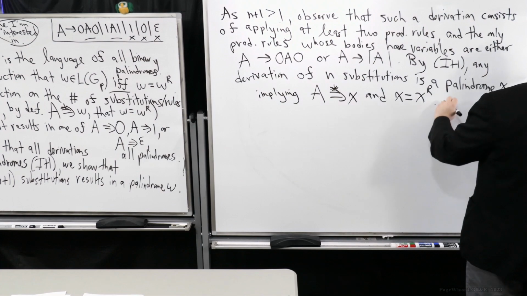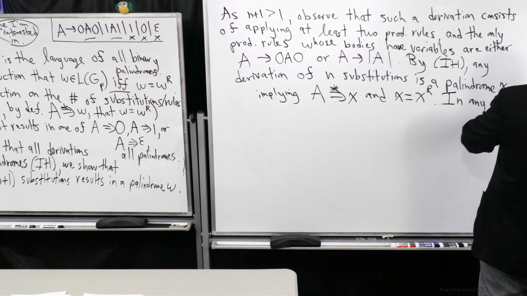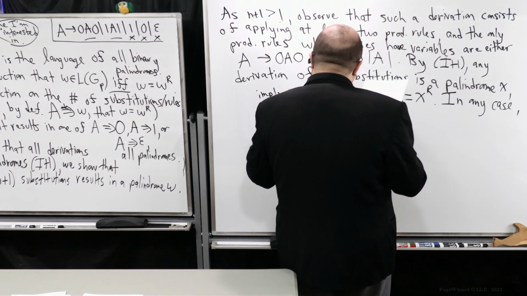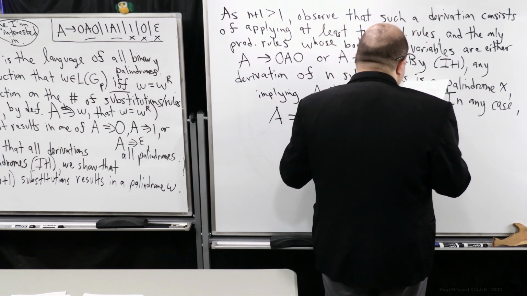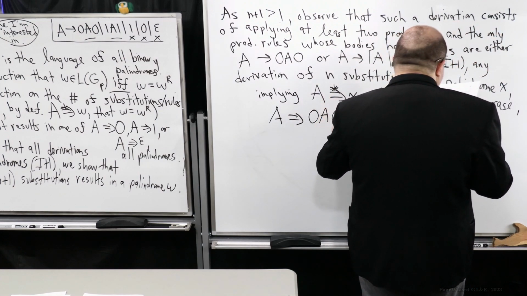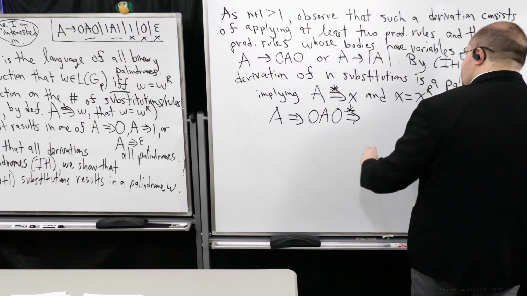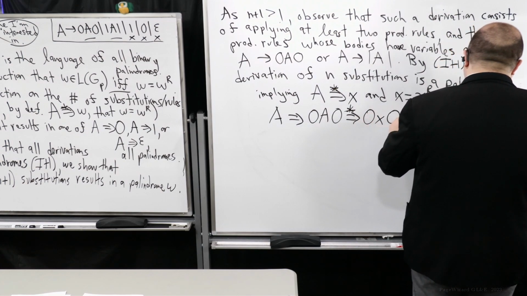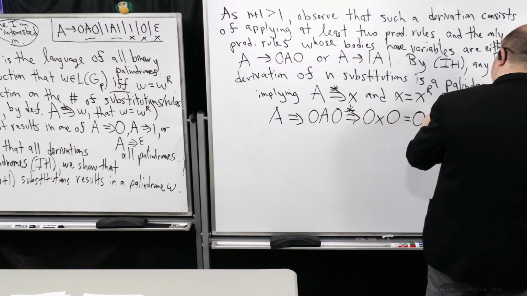Palindrome, right? In any case, so watch how I use x here. A gets changed into 0A0, which of course produces 0x0, which equals 0 x reverse 0, right?